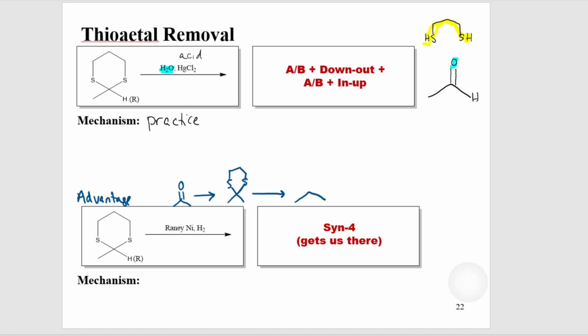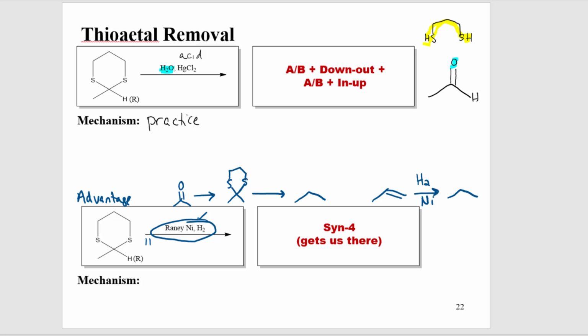It's sort of like hydrogenating a double bond. Remember, H2 with some metal catalyst gets rid of the double bond like it was never there? Well, the carbonyl version of that, you have to turn it into the thioacetal, and then you can hydrogenate it away with a special nickel catalyst called Raney nickel, but it's just H2 with some metal catalyst, goes away, poof. You can think of it like syn addition.